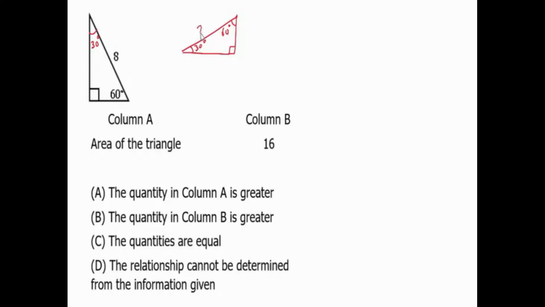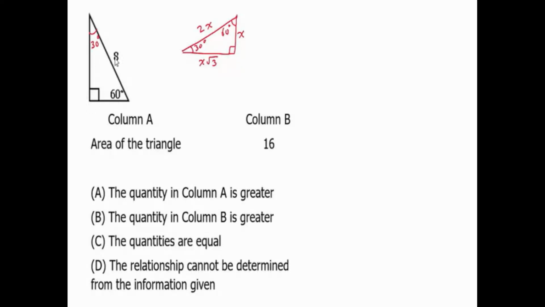Now, if the hypotenuse is 2x units long, then the side opposite the 30 degrees, which is this side, is exactly half the hypotenuse, which is x units long. And the side opposite the 60 degrees is going to be x times square root 3 units long. This is the relationship that you need to remember for a 30, 60, 90 triangle.